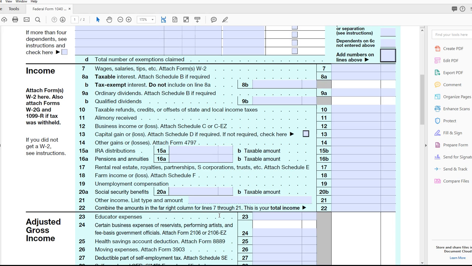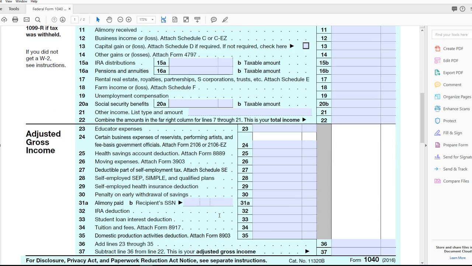Gambling income would be included in that, or just other income that you might get for whatever reason. So that covers the top of the 1040 form. I will then move down to adjusted gross income.